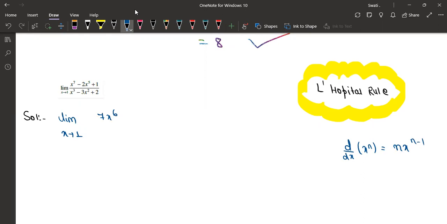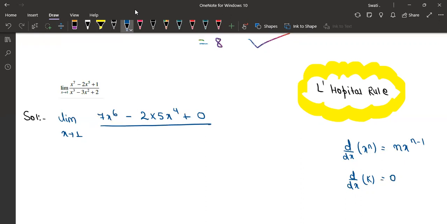So that 7 has come here, that was n, and then x raised to n minus 1, that is 6. Using the same formula, this 2 as it is, x raised to 5 will become 5x raised to 5 minus 1, that is 4, plus the derivative of a constant. You should remember, the derivative of any constant number alone is 0. So that is 0.